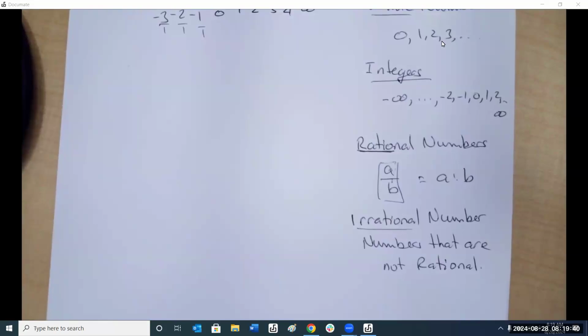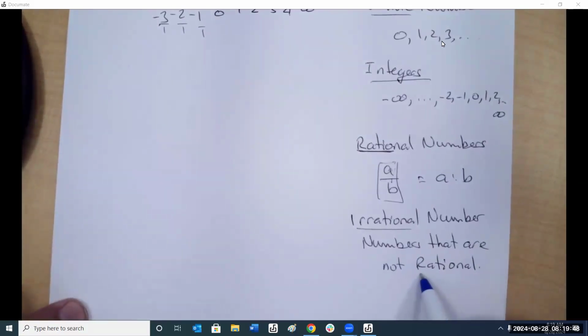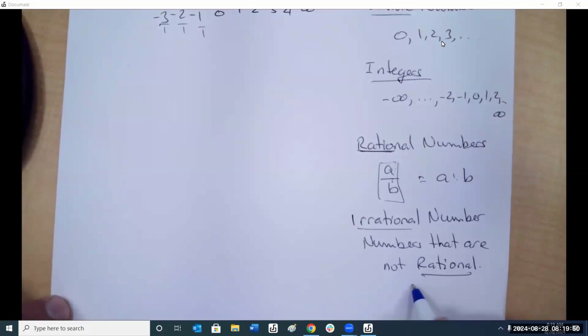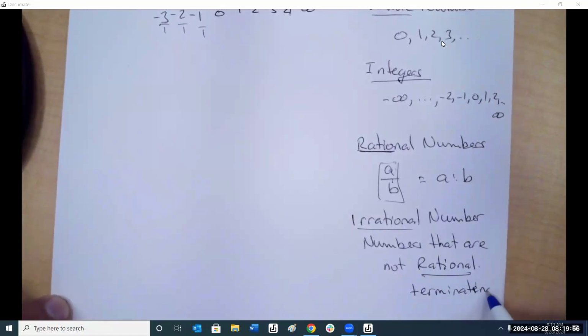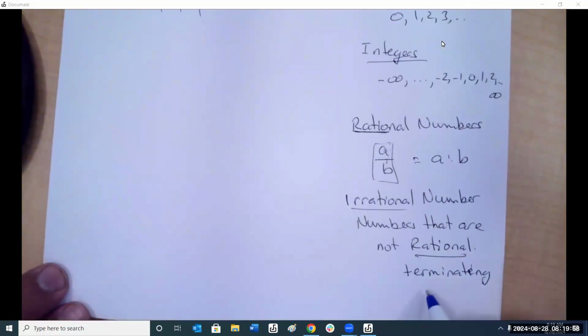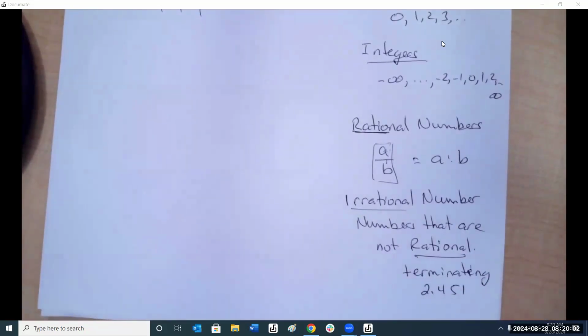You look at textbooks, you'll see that an irrational number is a number that's not rational. The difference: a rational number is either a terminating decimal, in other words, something like 2.451. It stops. There are no more decimals after that. Or it's repeating.